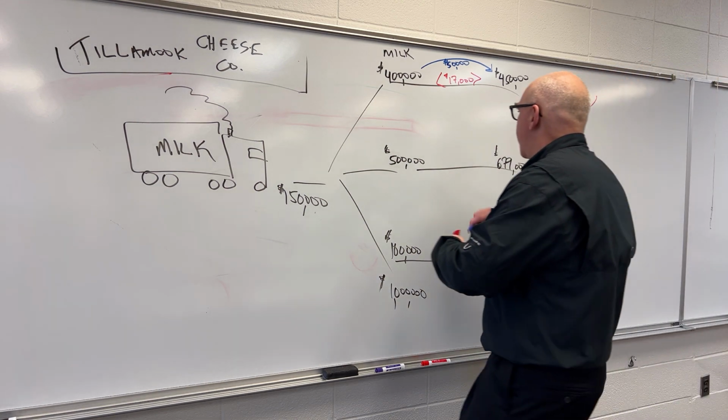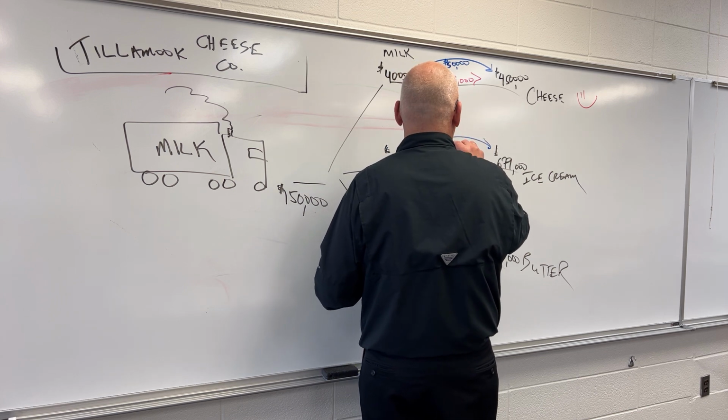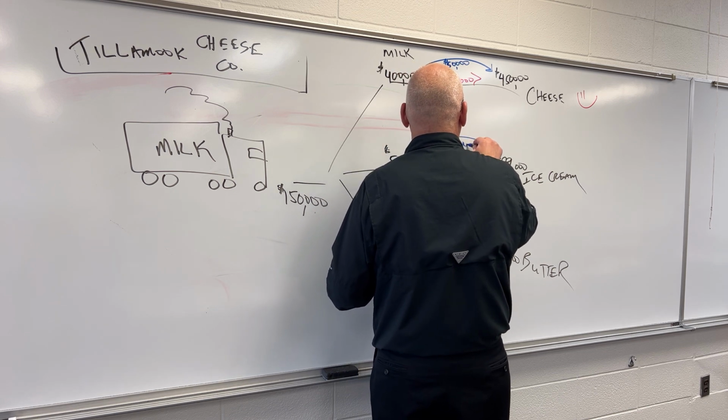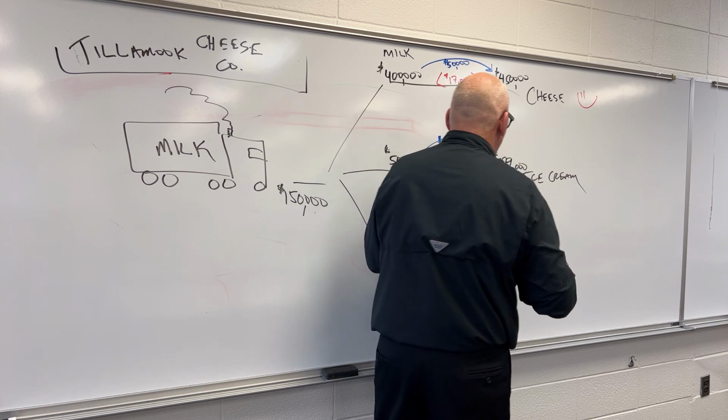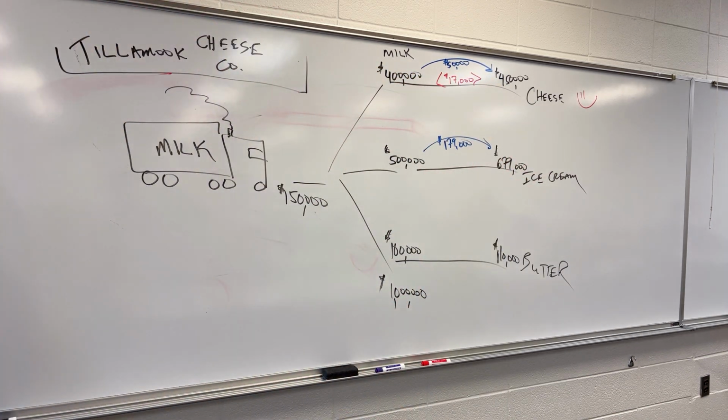So $679,000 minus $500,000 is in fact $179,000. These are fictional numbers, but in this problem, ice cream is worth $179,000 more than the milk that was used to make it. And then what number do we compare that to, Gatlin? 500,000.